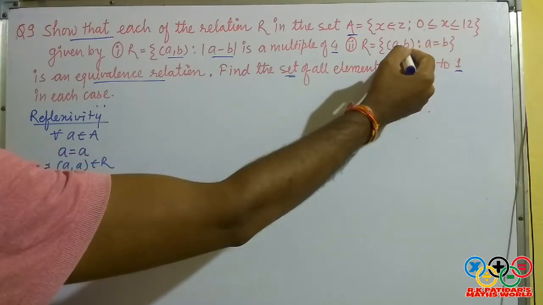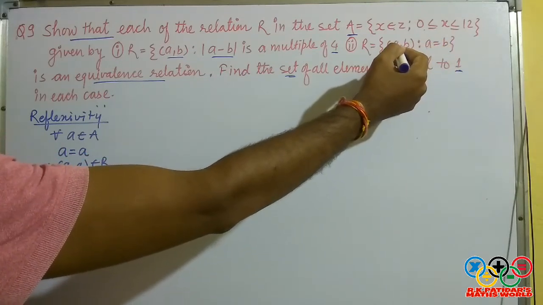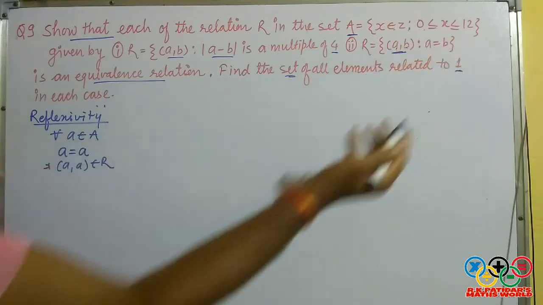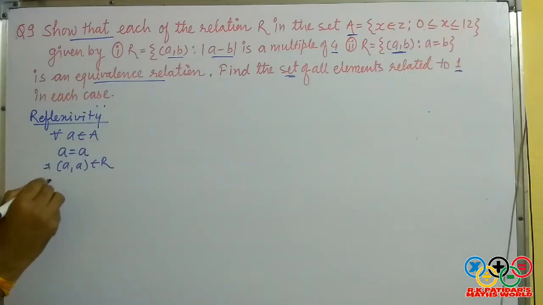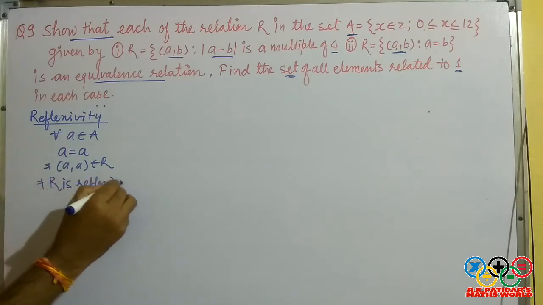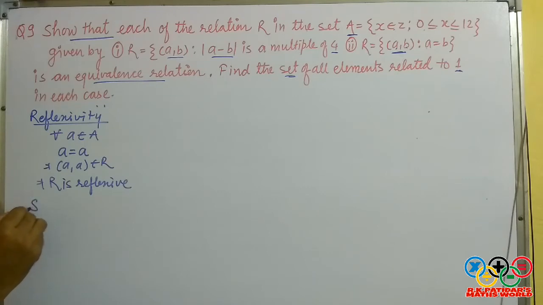A is equal to B. हमें चेक करना रिफ्लेक्सिविटी, मीन्स ये भी A और ये भी A होना चाहिए. तो A is equal to A होता ही है. This implies R is reflexive.